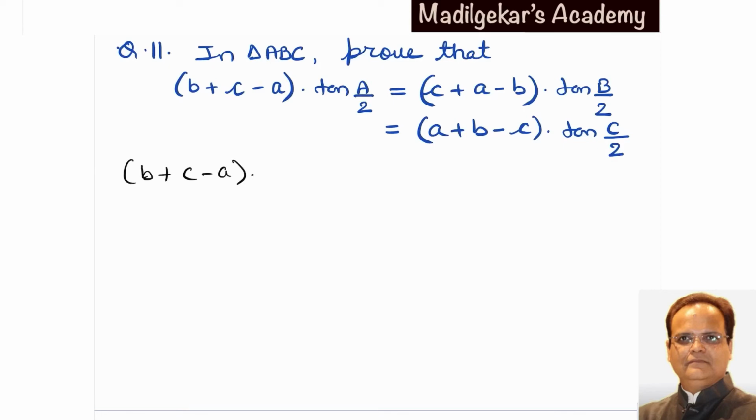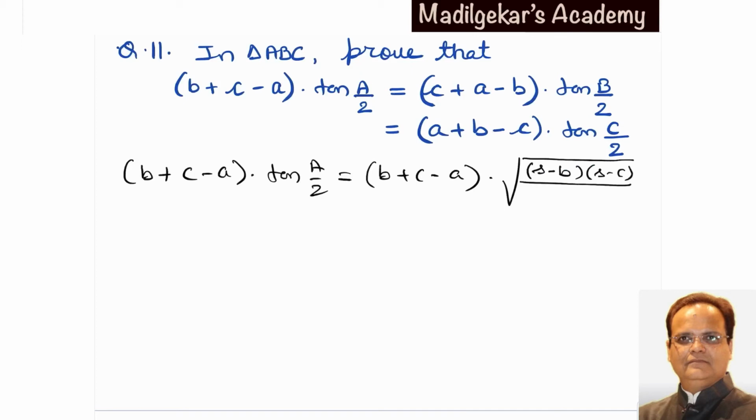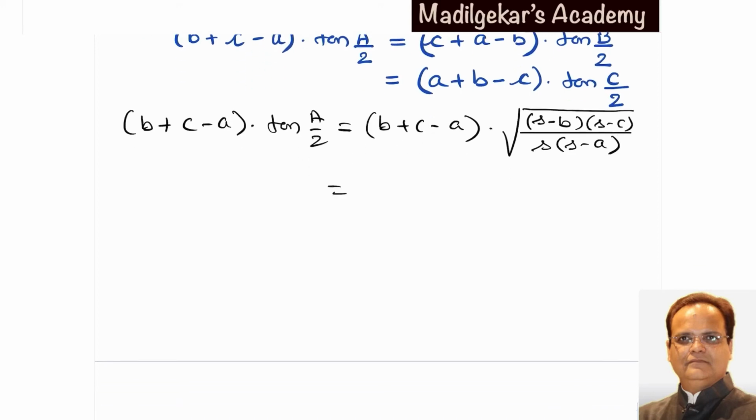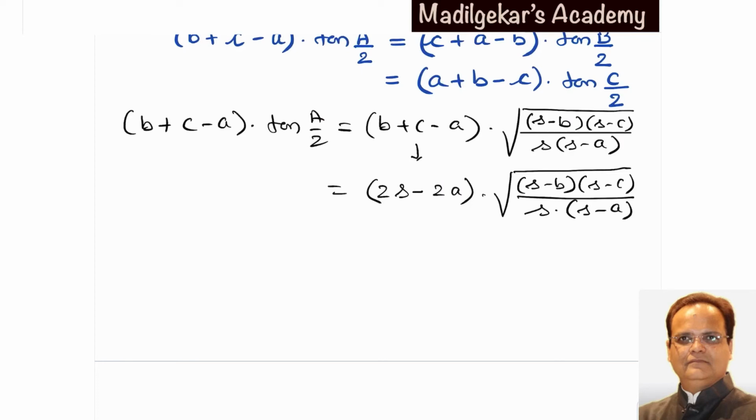B plus C minus A into tan A by 2 equals to B plus C minus A into square root of S minus B, S minus C upon S into S minus A. If we add and subtract A in this bracket, it gives 2S minus 2A into square root of S minus B, S minus C upon S into S minus A.